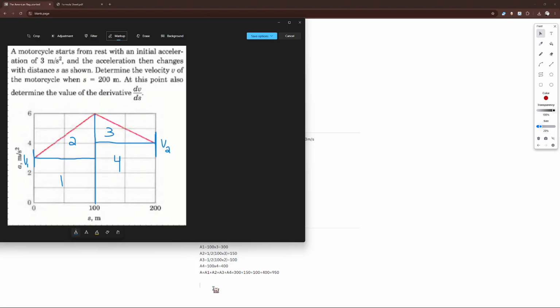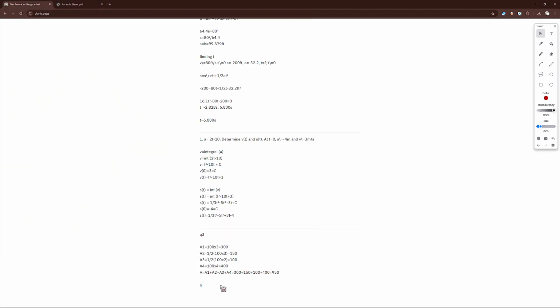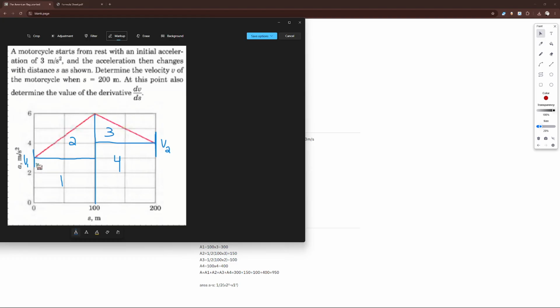Oh, so we get this thing, this shape here, and if we were to manipulate it, we would get that the area under the graph, so the area for an a-s diagram, is half of v2 squared minus v1 squared, right? v2 squared minus v1 squared.